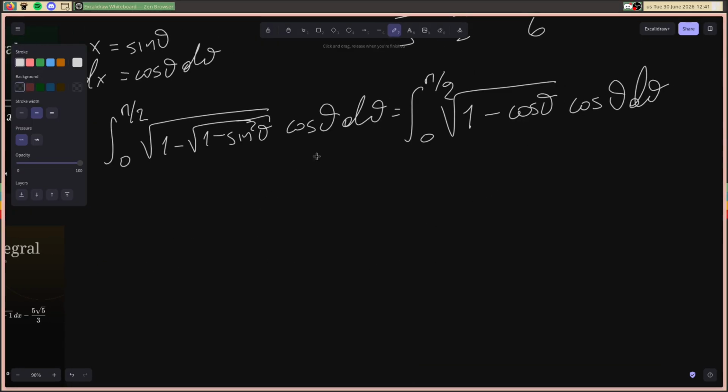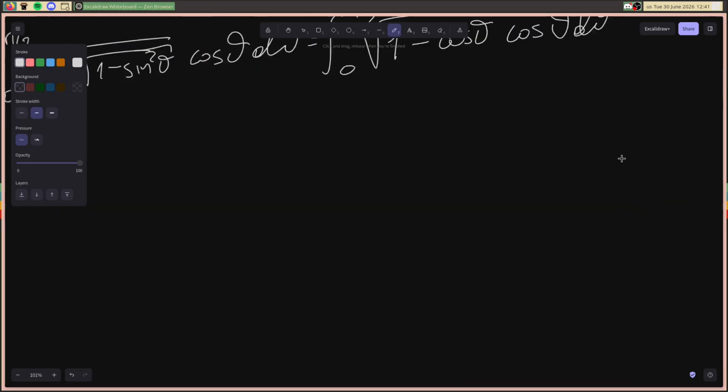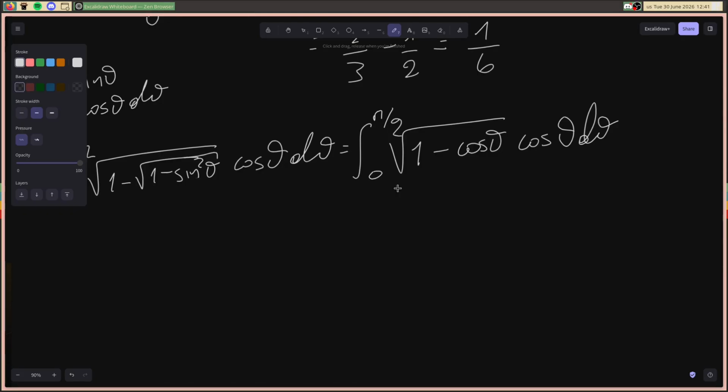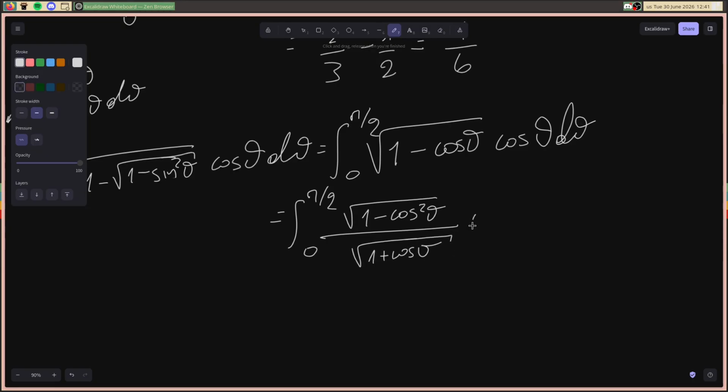Now, to continue from here, we will need to multiply the numerator and the denominator by a square root term. We basically want to make the numerator have the sine term in it so we can do a change of variable. So we multiply both numerator and denominator by square root of 1 plus cosine theta.